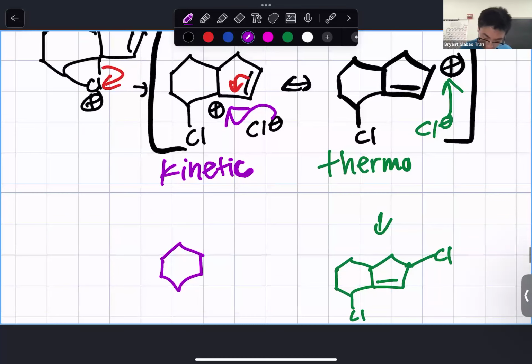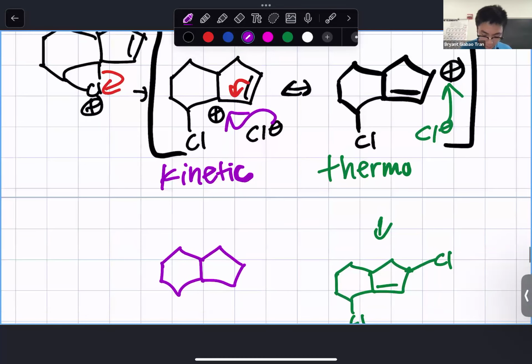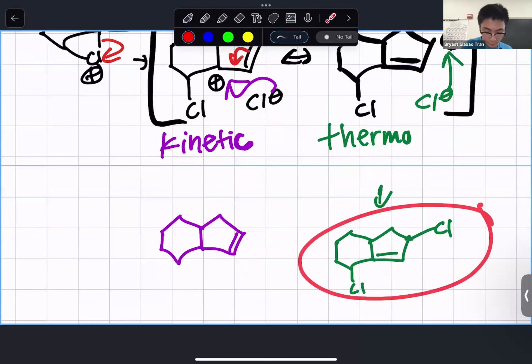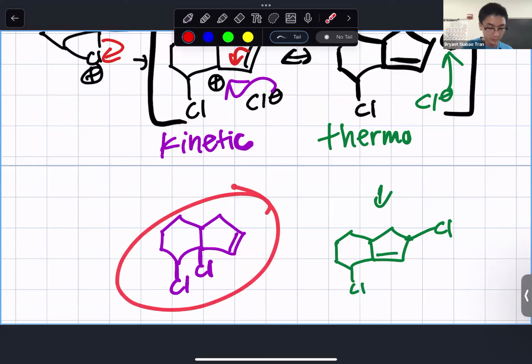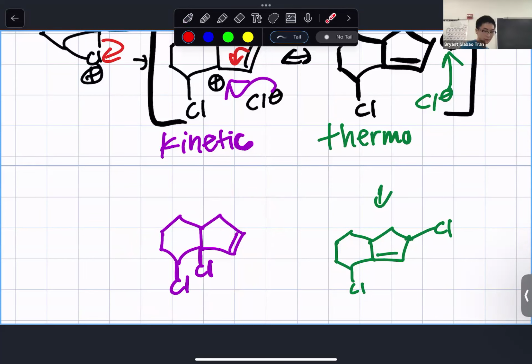You only draw one of these depending on the temperature. If you are at 70 degrees Celsius or higher, this would be your major product. If you are below 70 degrees Celsius, then this is your major product. The kinetic product happens at low temperature. Thermodynamic product happens at high temperature.